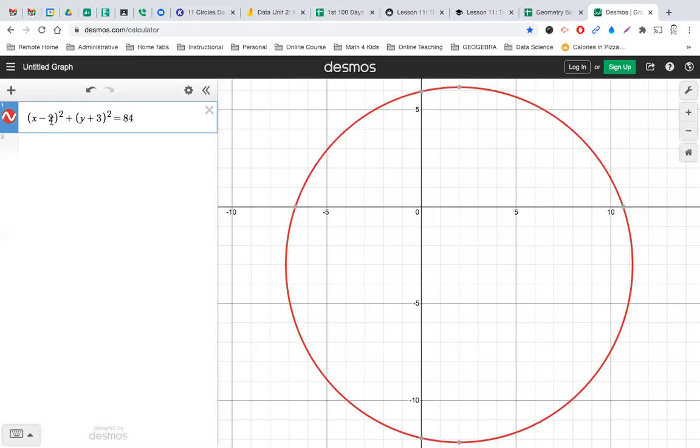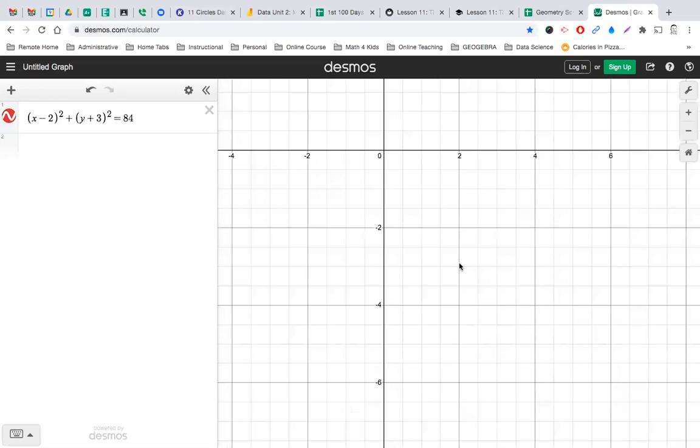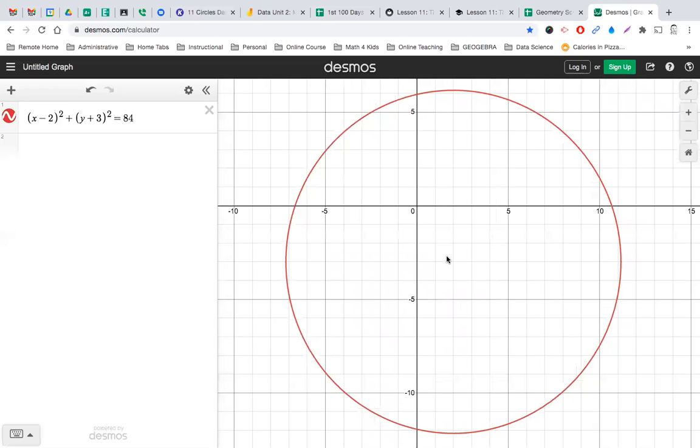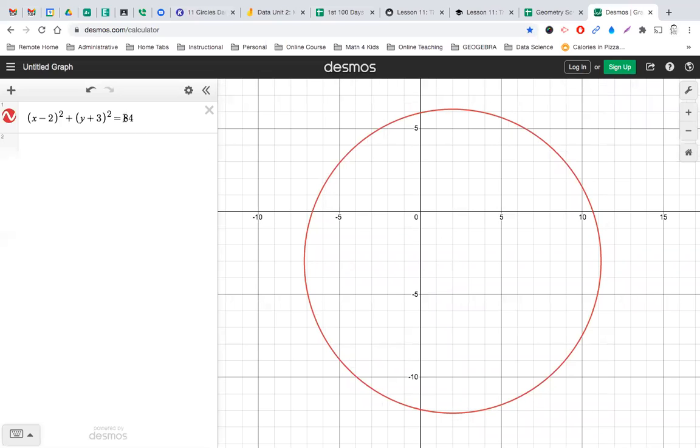No, it doesn't. This center's at 2, -3. Okay, center's at 2, -3. And it has that radius of 2 radical 21, which you can tell it doesn't cross exactly at a whole number coordinate.